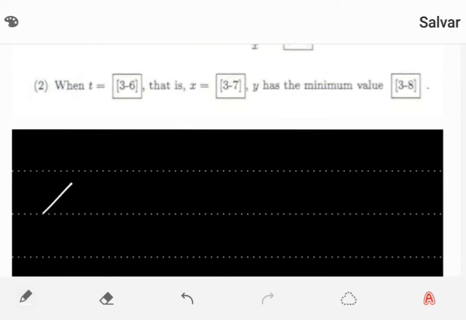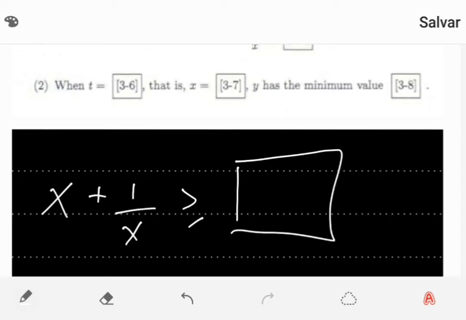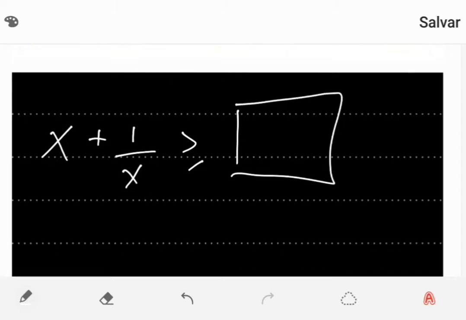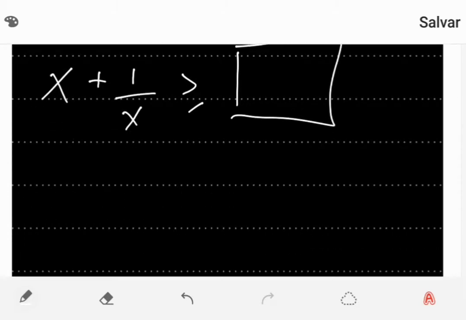Okay, so look, he's asking you x plus 1 divided by x is bigger or equal to something, and this might seem really strange if you're not used to this, but as I said, whenever you see something like this, you need to think that squaring it is a good idea. Why?